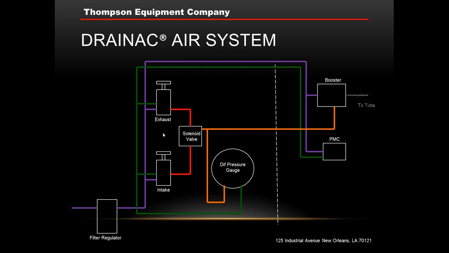The electronics will select which of those pressures gets transmitted to the riser assembly. One leg will go back to the differential pressure gauge to complete that circuit, as well as go to the booster assembly. The booster assembly then retransmits that pressure to the analysis tube itself.